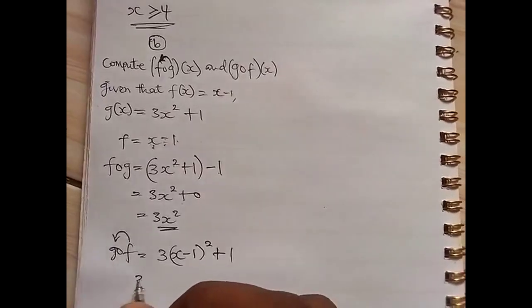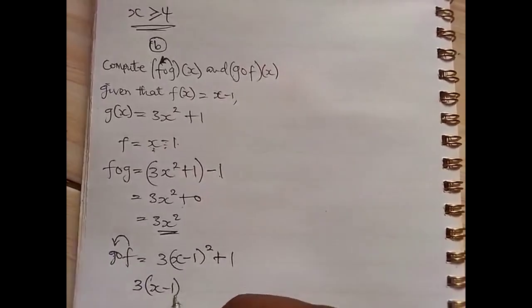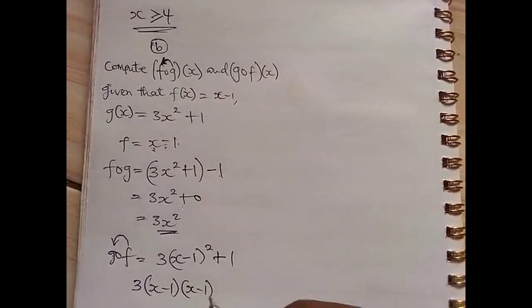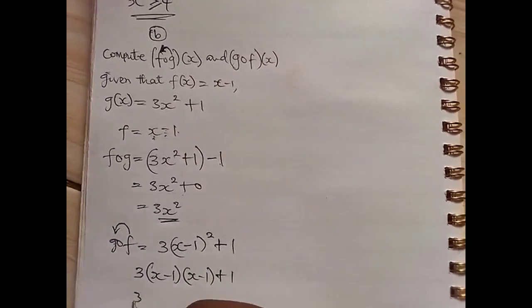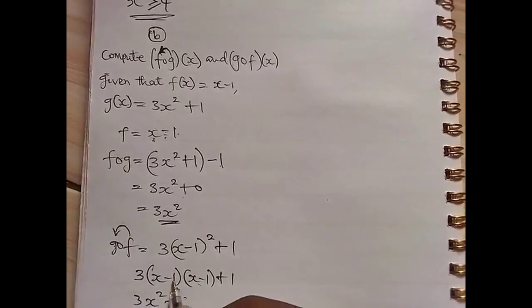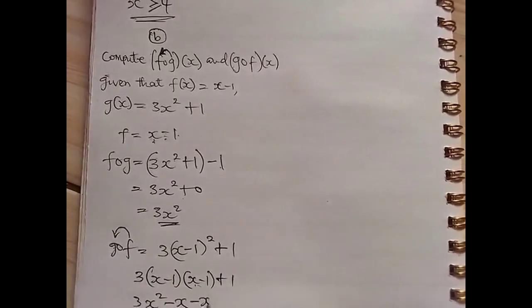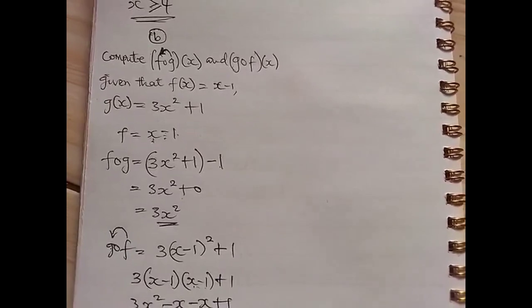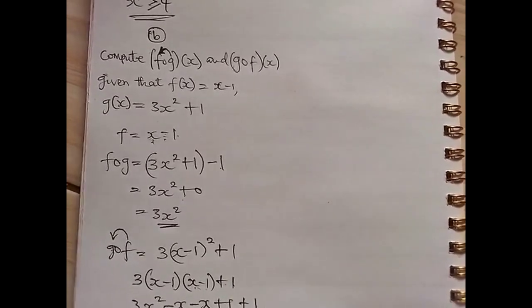So this is the same thing as saying 3 into x minus 1 times x minus 1, then plus 1. We'll say 3. Here is x squared. Here is minus x. Here is minus x. Here is plus 1. So we still write this plus 1.